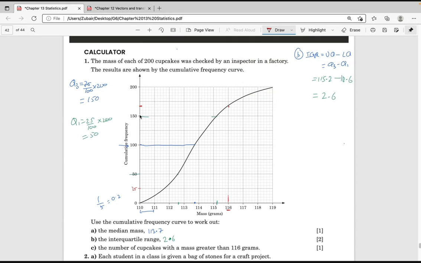So this is 155, 160, 165, and somewhere around 167 or 168. Let me say this is 167. So these are the cupcakes which have mass greater than 116. My answer would be 200 minus 167, which is 33.